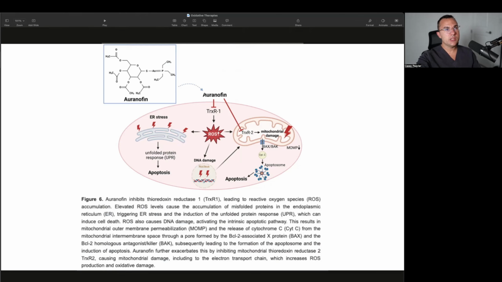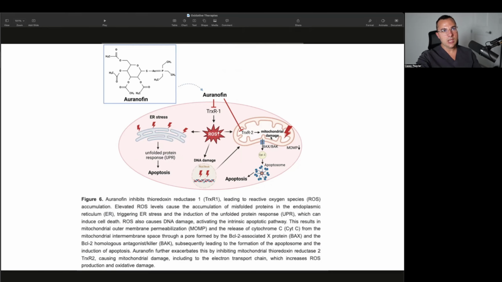So what we have here is AF acting on multiple TRX reductase systems. So we have TRXR1, which is directly relating to ROS production. That leads to stress and DNA damage, basically another way of activating the apoptosis system. And then TRXR2 is in the mitochondria, which is allowing for mitochondrial ROS to be at least curtailed and not completely destroying the mitochondria.